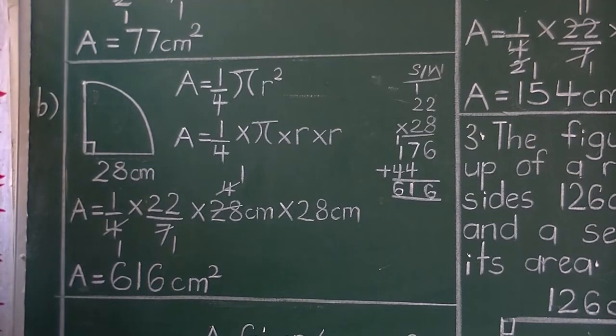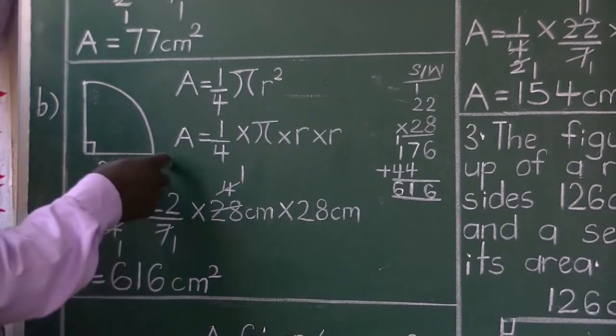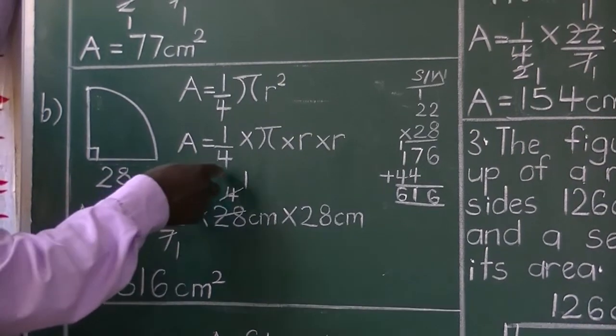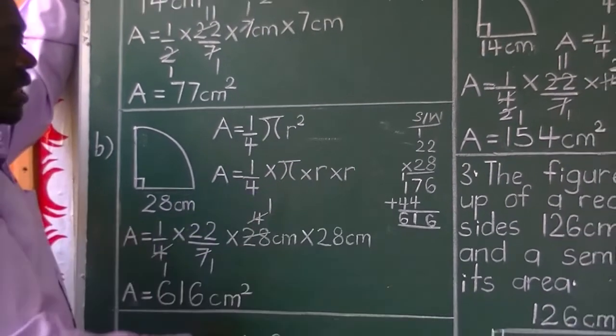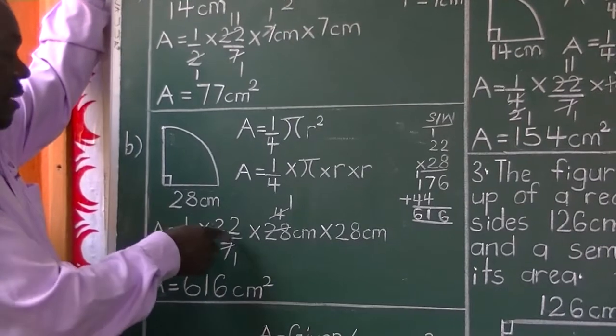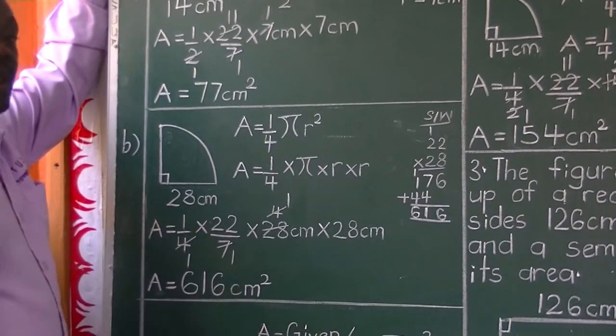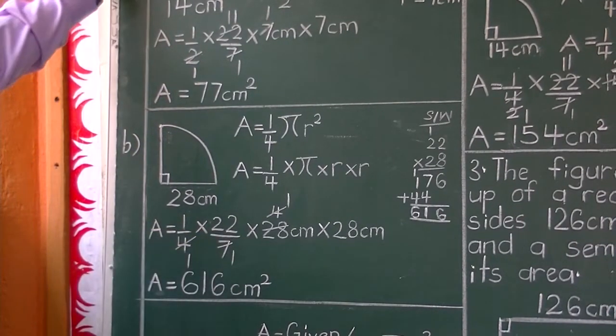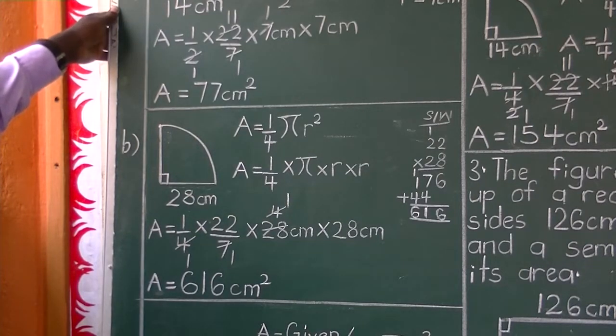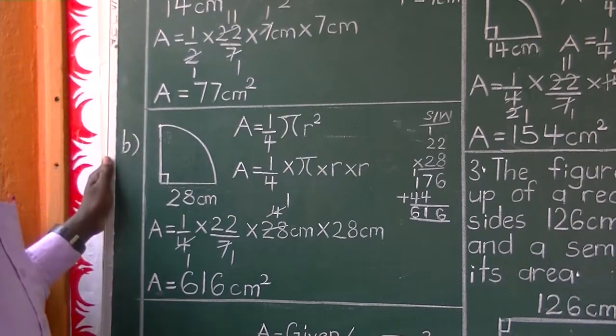Now that we have the radius, we don't need to look for it, just expand. Area equals a quarter times pi times radius squared, then a quarter times 22 over 7 times 28 centimeters times 28 centimeters, because the radius given, 28, is the fourth multiple of 7.